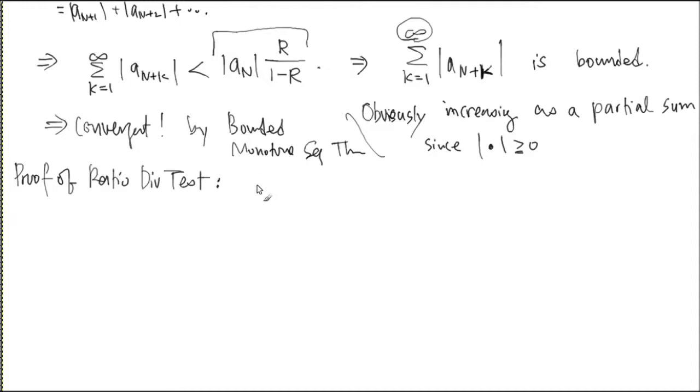We have the same situation: the absolute value of a_{k+1} over a_k converges to a number r, and r is greater than 1. Is that right? r is greater than 1, and we want to show this diverges. So we do the same thing. Here's 0, here's 1, and here's r. Here's little r.